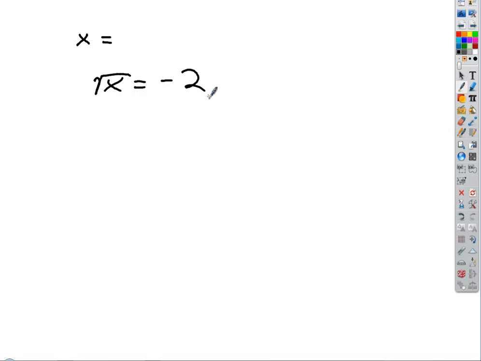If I square both sides to solve for x, I'm going to get x equals 4. Okay, does that solution work? No. If I plug that back in, I get square root of 4 is 2, which does not equal -2. Why did we get that non-solution? Because we squared both sides, right?